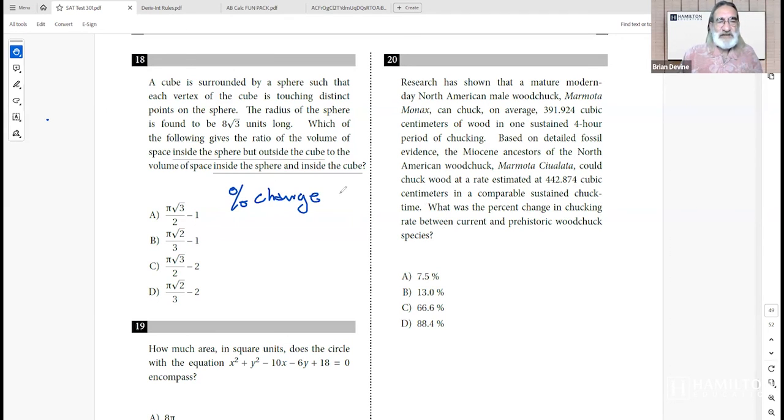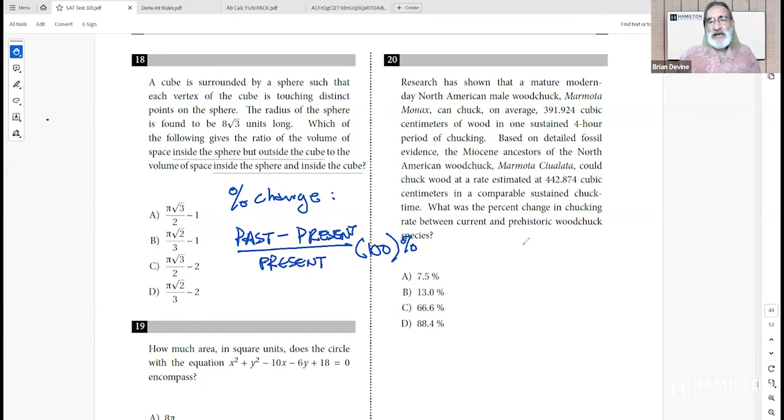In this instance, it's going to be the past rate minus the present rate, divided by the present rate, times 100, because that'll give me a percent. If it's positive, it went up. If it's negative, it went down. But basically, we just want to look for the percent change, and this would be reported as a percent.